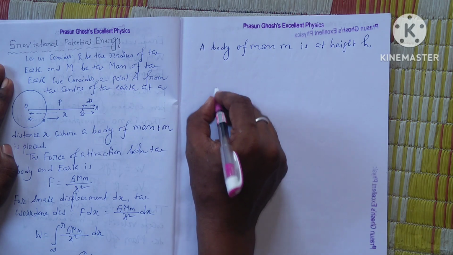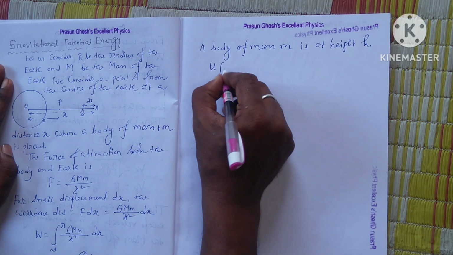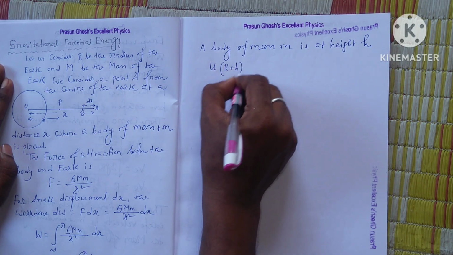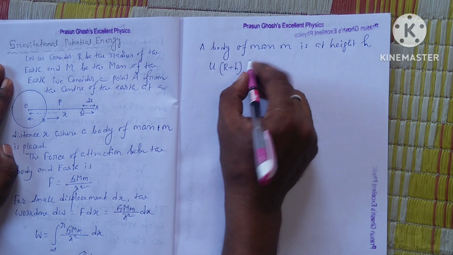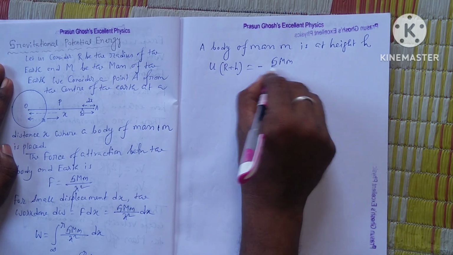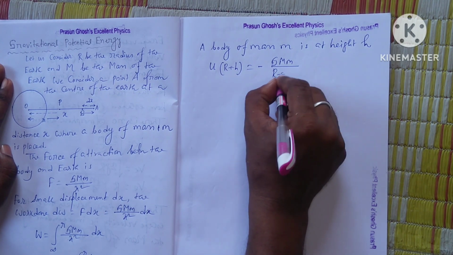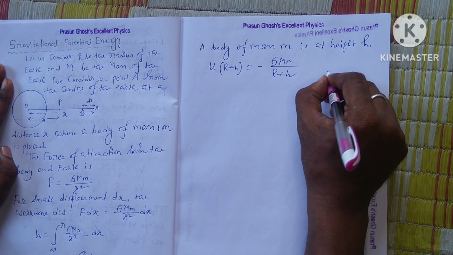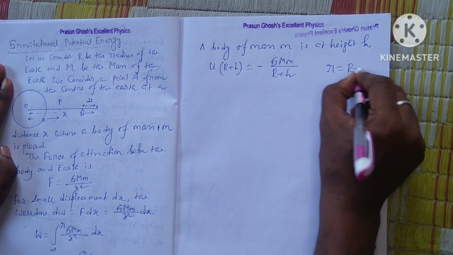So we can write that is U as a function of R plus h, that is minus GMm by R plus h. So r equal to R plus h.